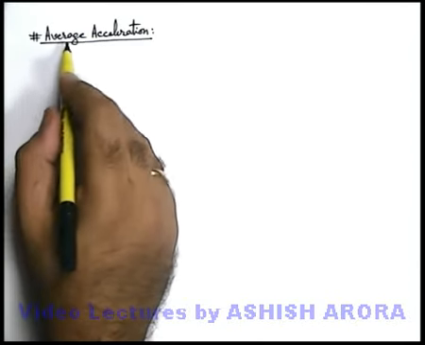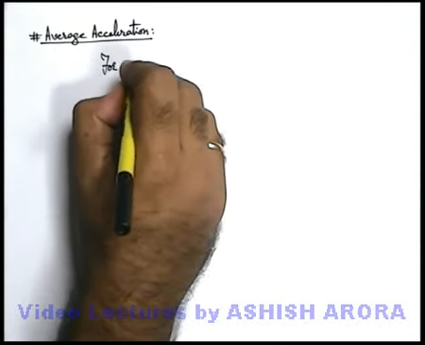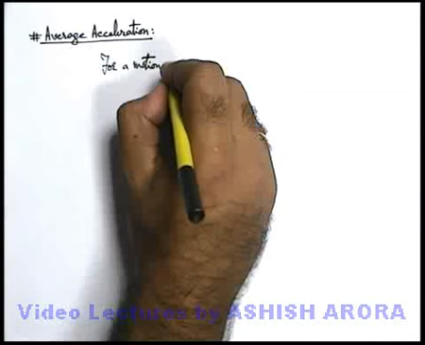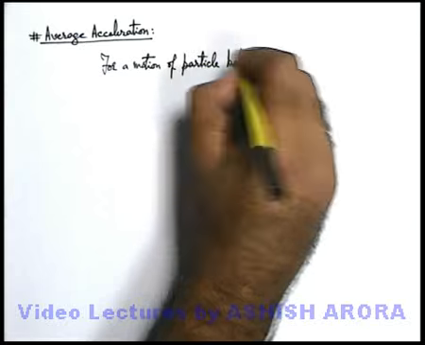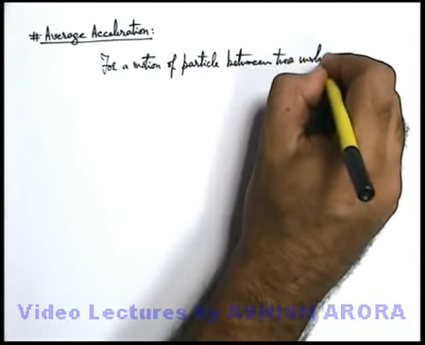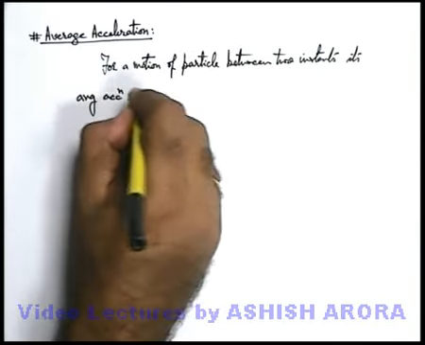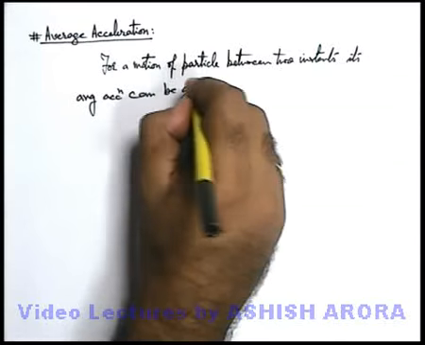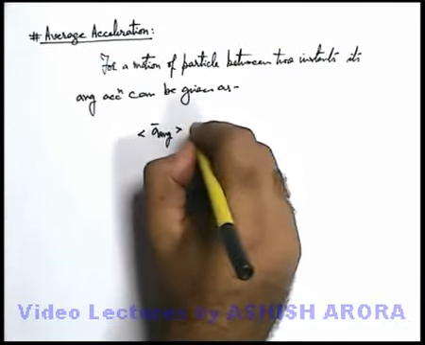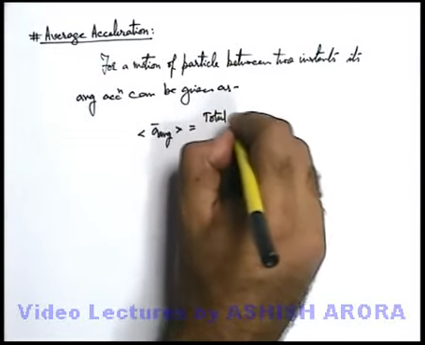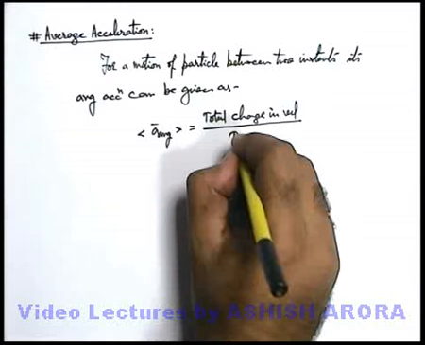Now we are going to discuss average acceleration. We can simply state, for a motion of a particle between two instants, its average acceleration can be given as, average acceleration is defined as, it is defined under this symbol, it is total change in velocity divided by time taken.